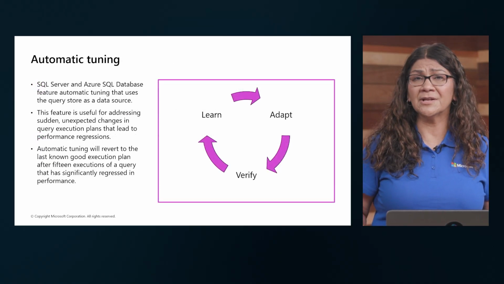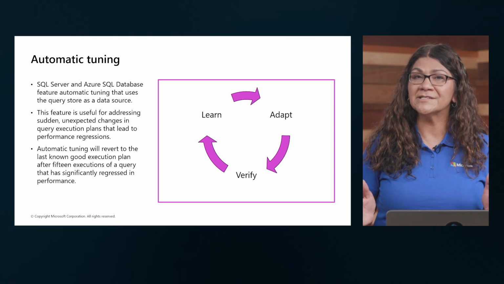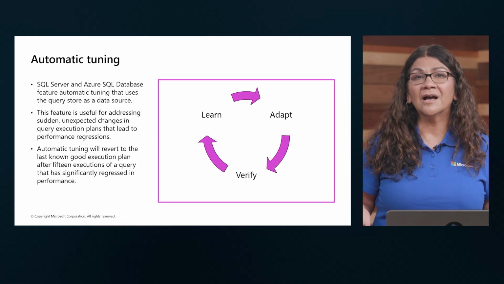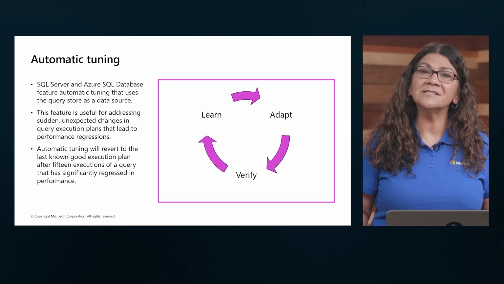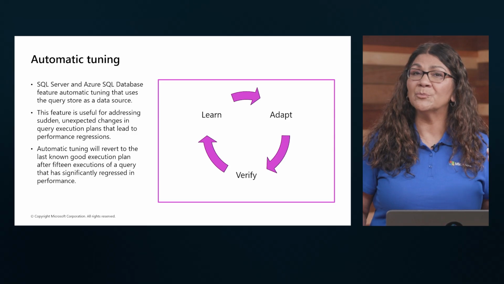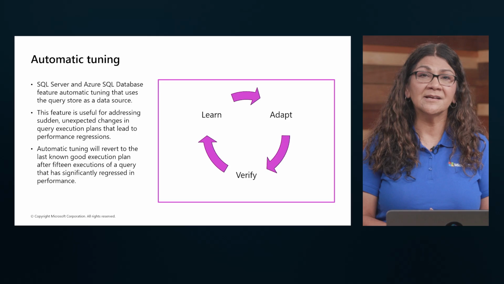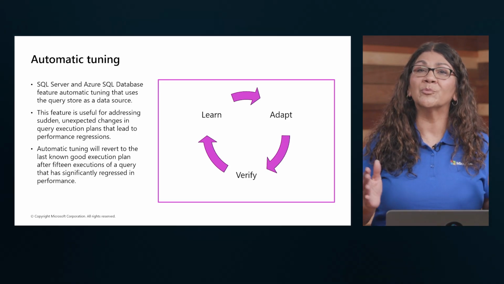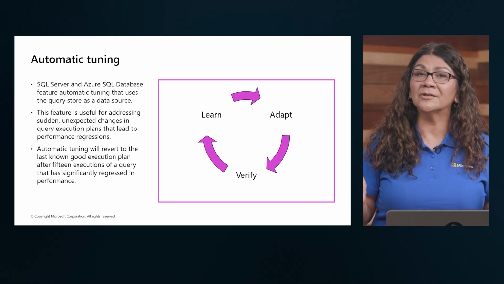In automatic tuning, SQL Server and Azure SQL Database use the Query Store to detect and respond to performance regressions caused by sudden changes in query execution plans. Once enabled, automatic tuning can force a recommended plan when the previous plan has more errors, the estimated CPU gain exceeds 10 seconds, or a previously forced plan continues to outperform alternatives.